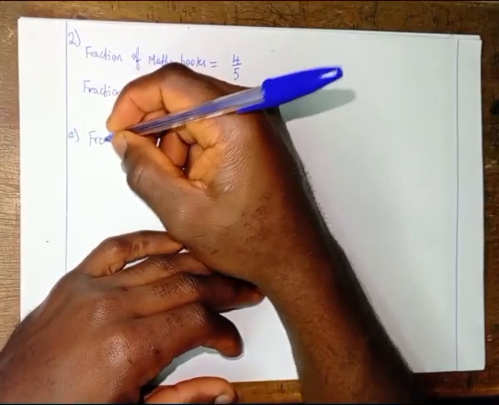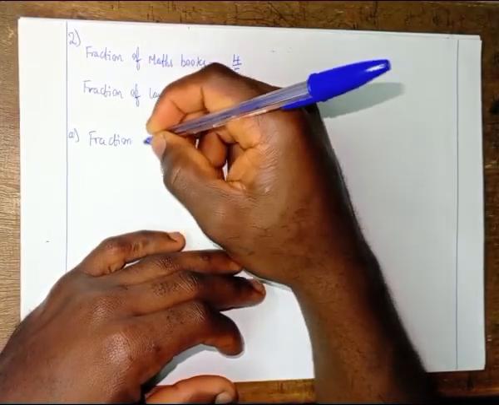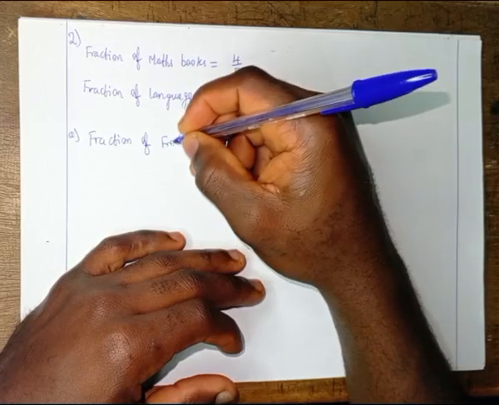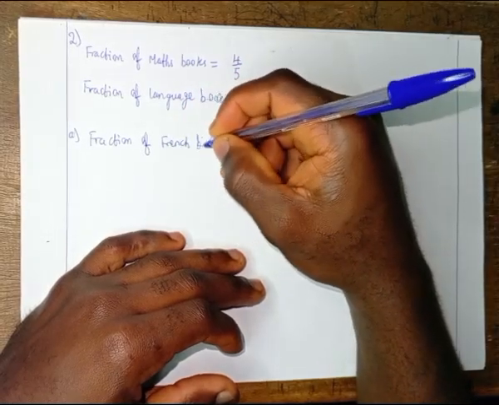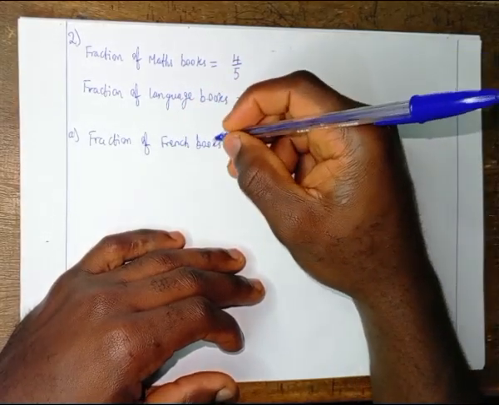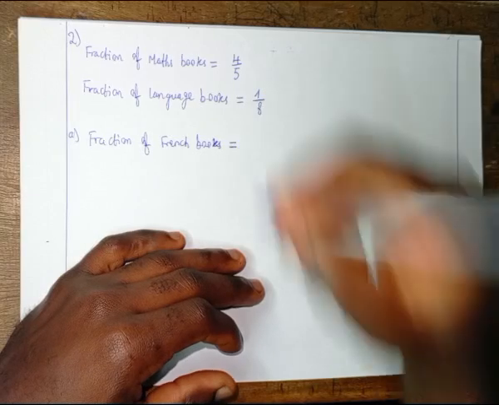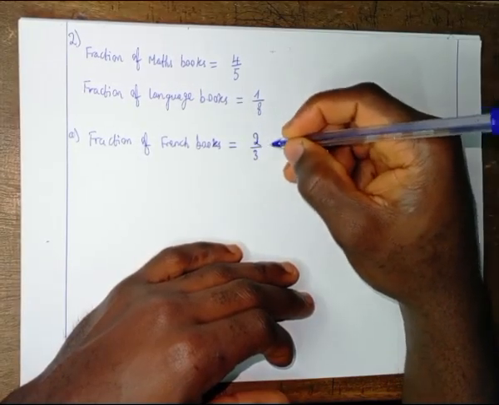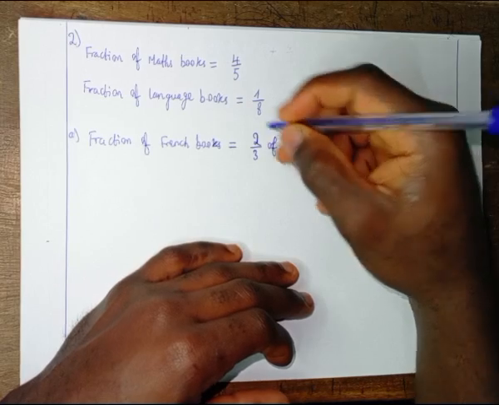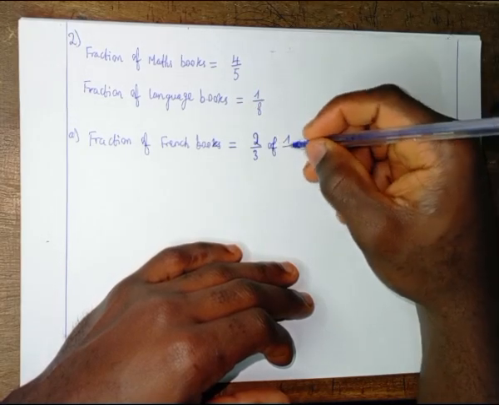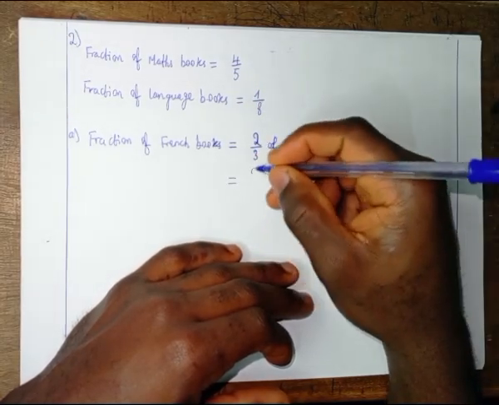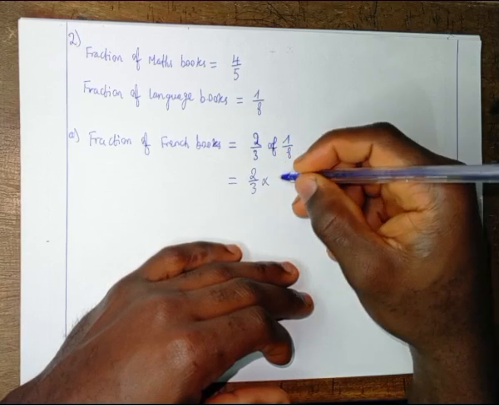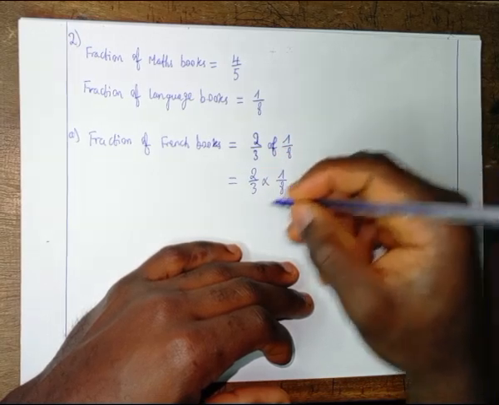We need the fraction of French books. The fraction of French books will simply be equal to 2/3 of the fraction of language books, which is simply equal to 2/3 times 1/8.